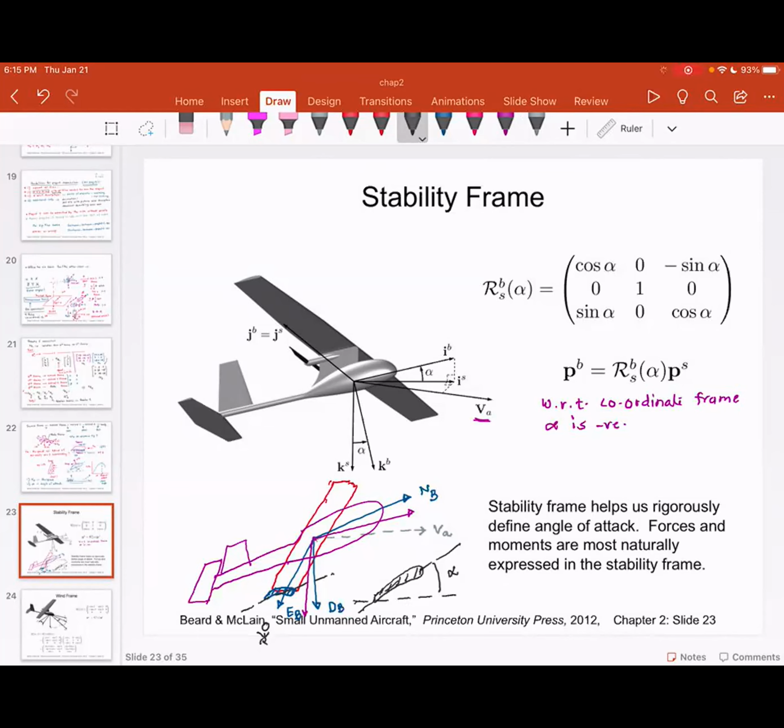So this is the frame that is going to relate body to stability frame. And this frame is defined as the projection of VA, as you can see, the projection of VA in the plane IB and KB. So I want you to define this frame.